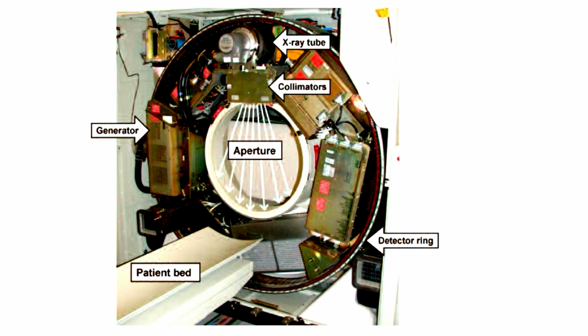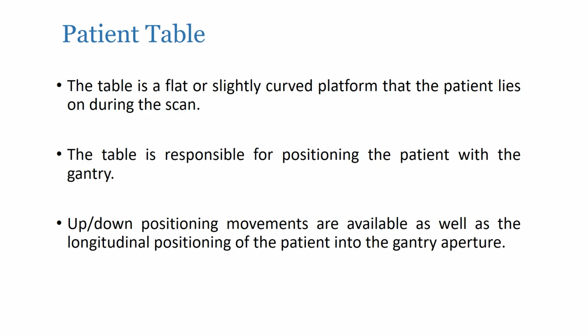Another important component is the detector, which is located all around the gantry. The generator is very important, because a high amount of kilovoltage is produced by this generator. The movable patient bed is located just in front of the gantry. So this is a cross section of a gantry.